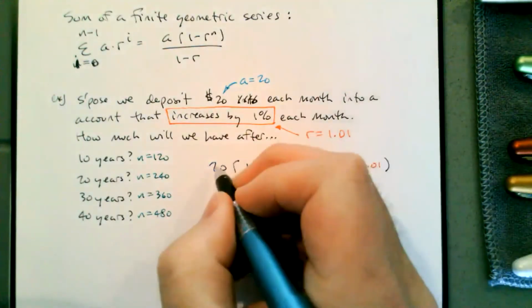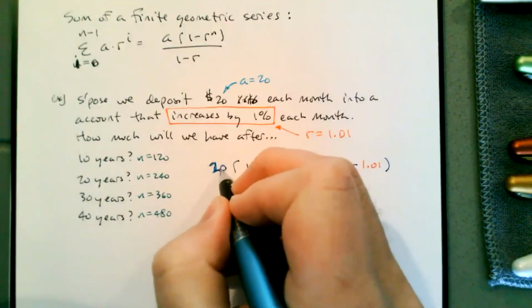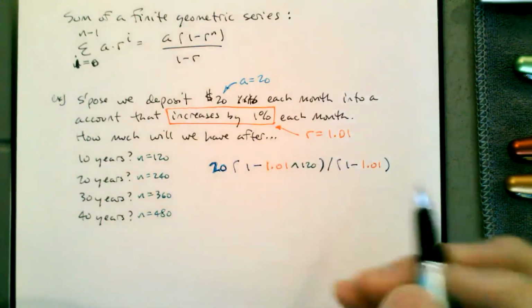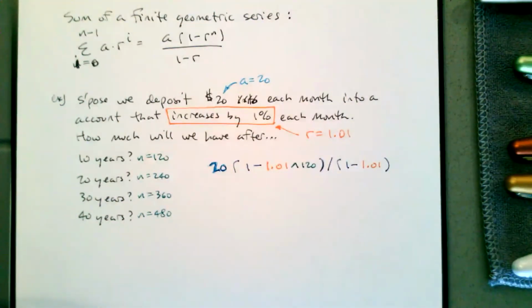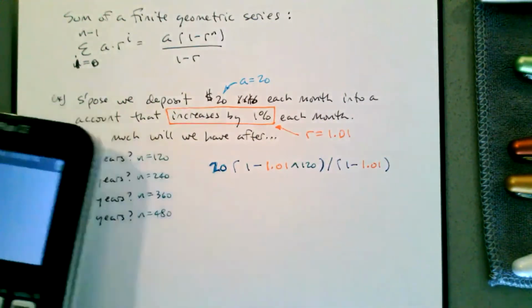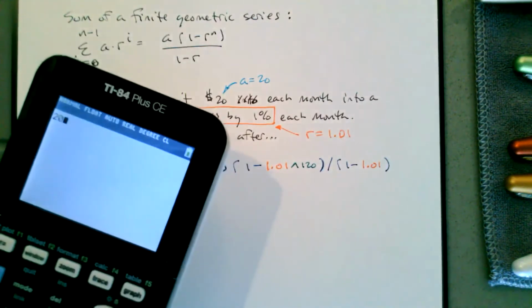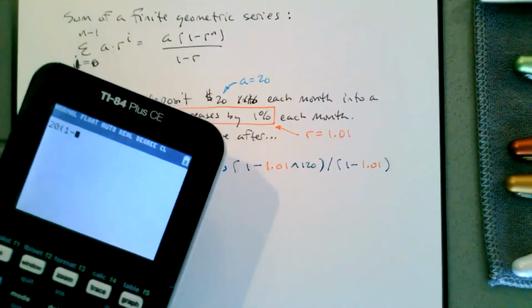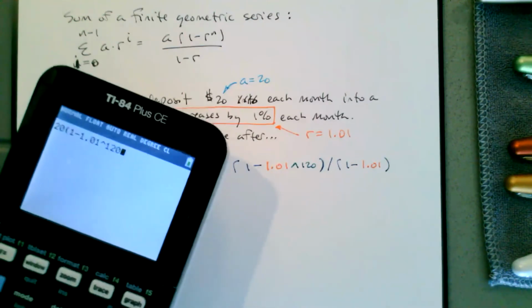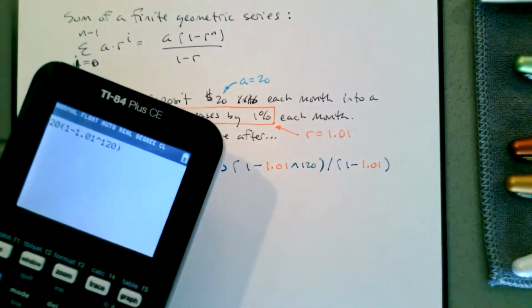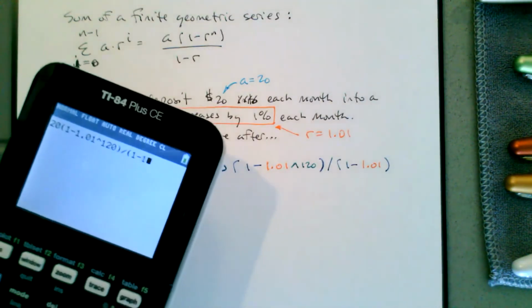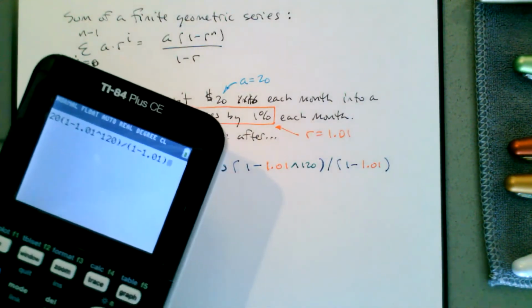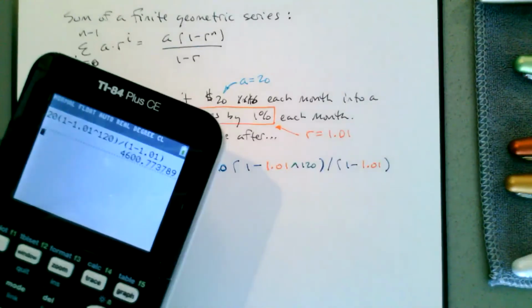I wrote the 20 in the wrong color. All right. It's important to get the 1.01 to the 120. It's r to the 120, not 1 minus r to the 120, so I have to make sure we get our parentheses in the right place. So we get 20 times 1 minus 1.01 to the 120. That's where we close the numerator, and then divide by the 1 minus 1.01, which I could have simplified, but it's too early.